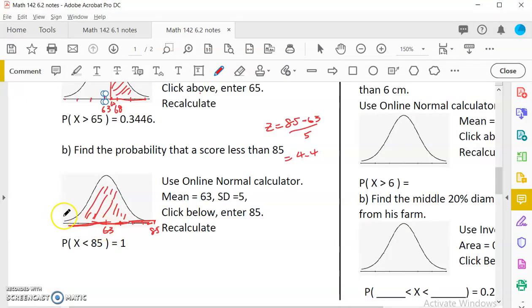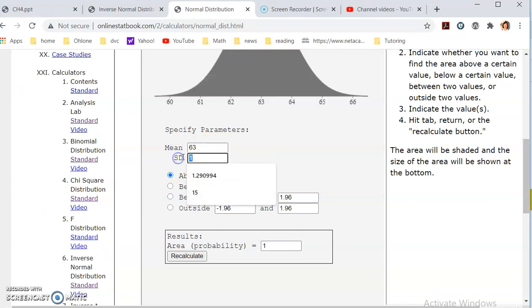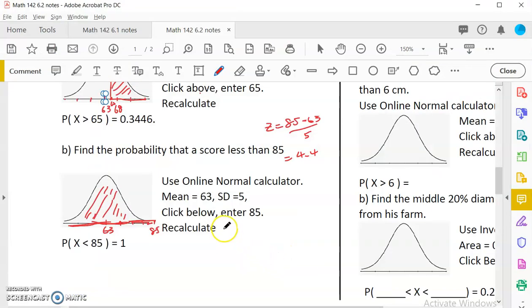Theoretically, we would not have anything that is below 4. But let's change this to 63, 5, and it's below, right? So click below, but I don't want 1.96. I want 85. Recalculate is 1. So we say 100%. Probability, you can say 1.